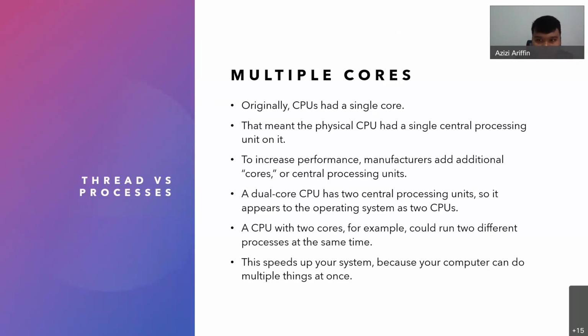In total, 2 plus 2, so the OS will see that your PC actually has 4 logical CPUs. Even though you have 2 cores, since we have hyperthreading technology, each core can do two jobs, so we see two logical CPUs each. So in total we have 4 logical cores. Can you understand? Can you catch up? Any questions?